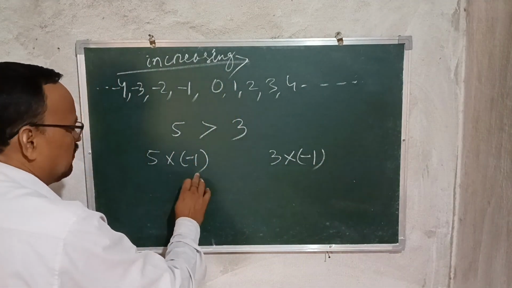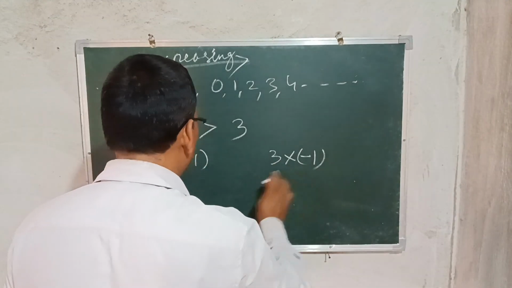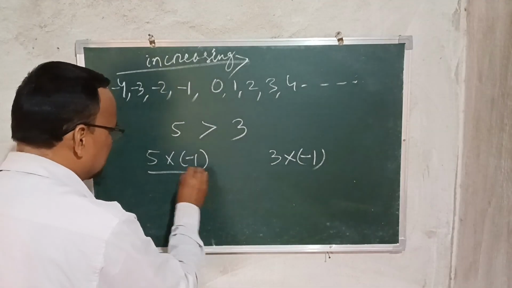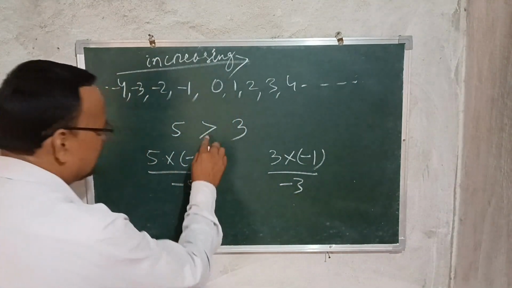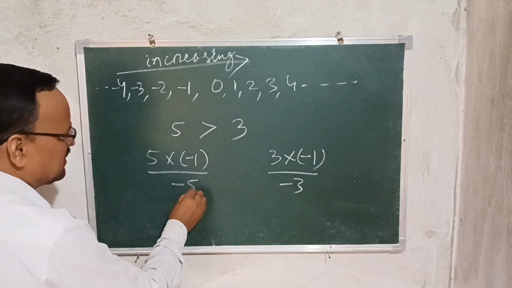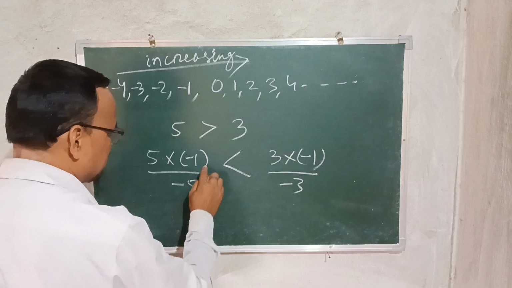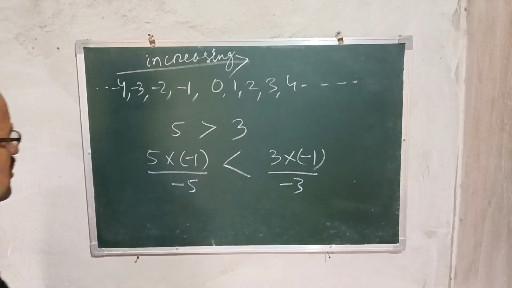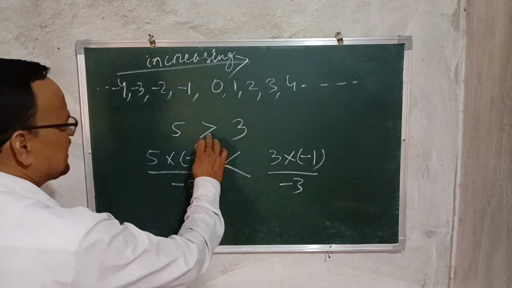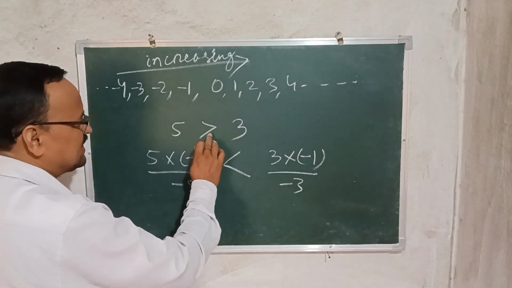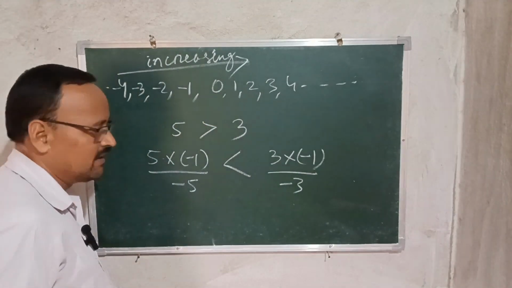Minus 1 is multiplied with both sides, then 5 into minus 1 is minus 5, and 3 into minus 1 is minus 3. That means minus 5 is less than minus 3. So when we multiply both sides by any negative number, the sign changes. When it is greater, it becomes less, and when it is less, it becomes greater.